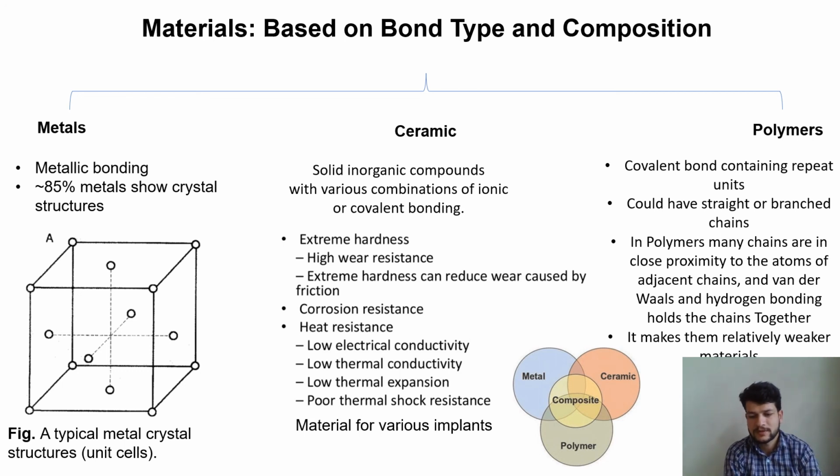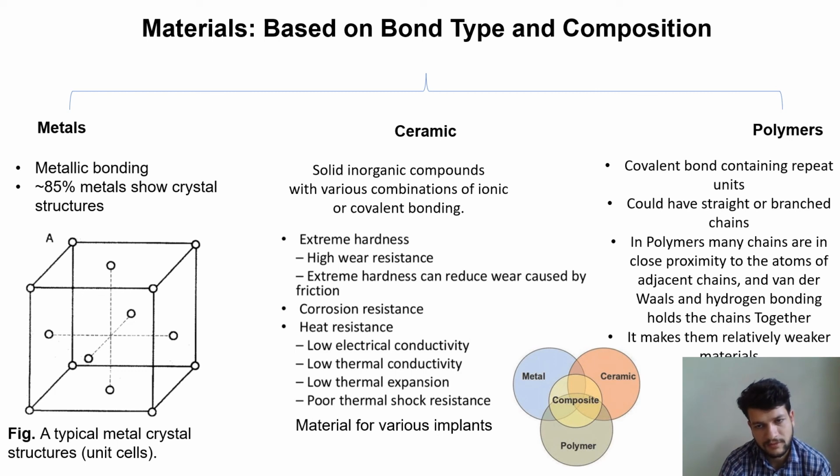Now talking about polymers, the constituent atoms of the polymers are usually carbon atoms, and they are joined in a linear chain-like structure by covalent bonding. These chain-like structures could be straight chain or branched chain structures. Atoms in these chains are attached by covalent bonds, but adjacent chains in the polymer can also be attached by van der Waals force of attraction or hydrogen bonding.